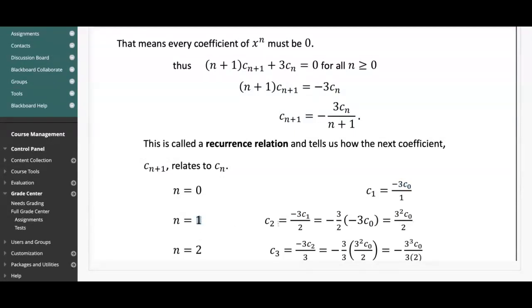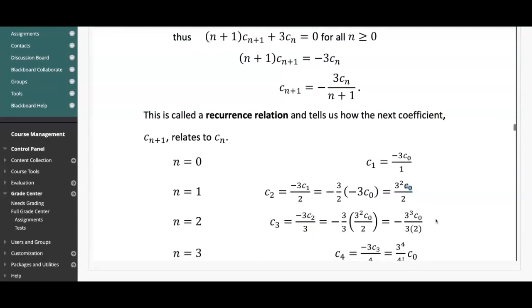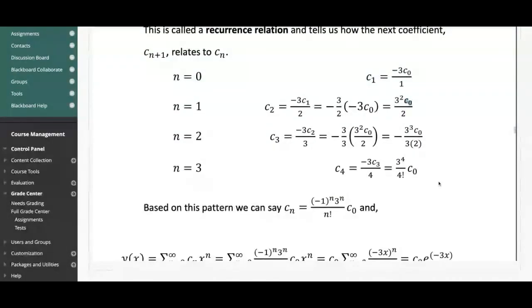Same thing, if n equals 1, the second term, by the calculation, is negative 3 over 2 of the previous term, which is 3 squared over 2, or 9 over 2, of c_0. Right, we can keep going. So we see this is a recurrence relationship. Every term can be represented in terms of the first term.